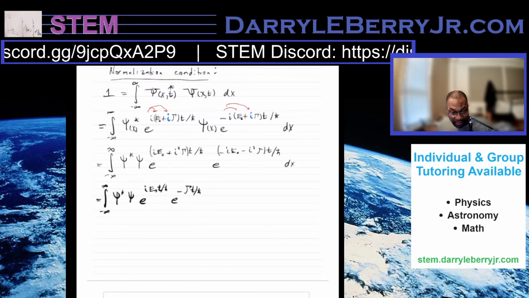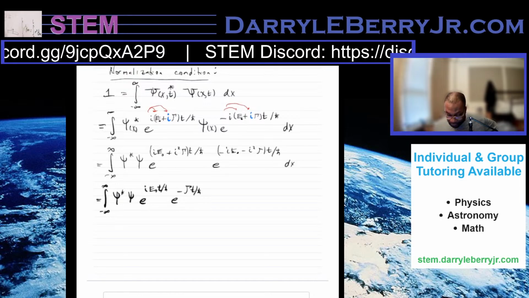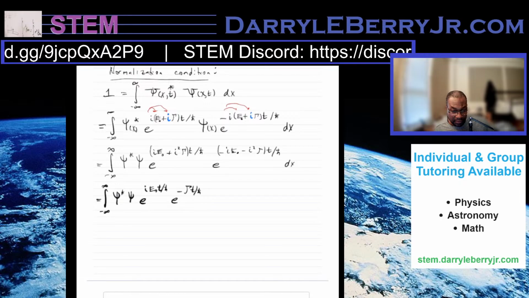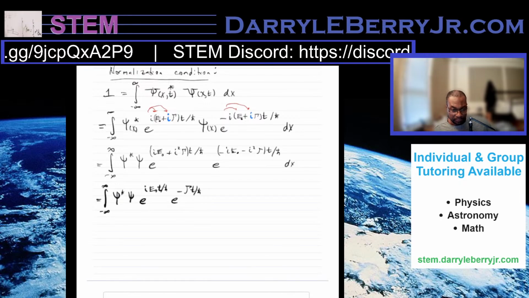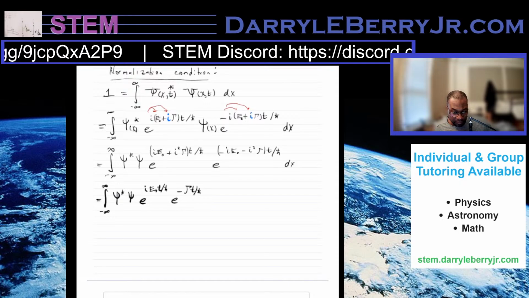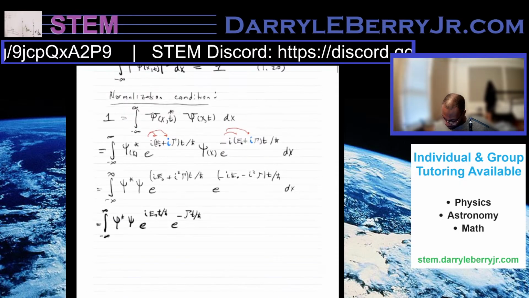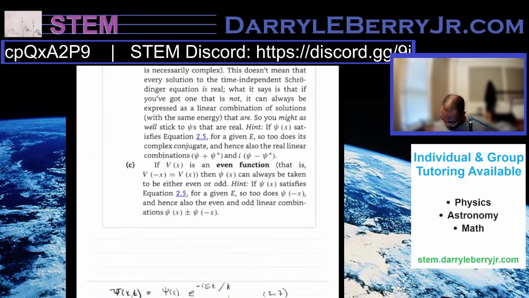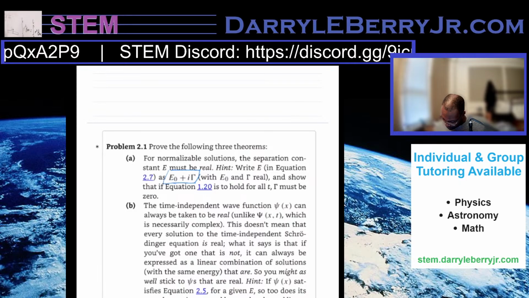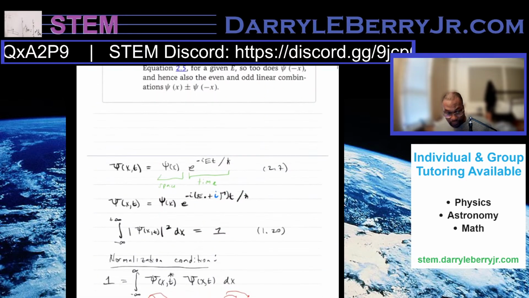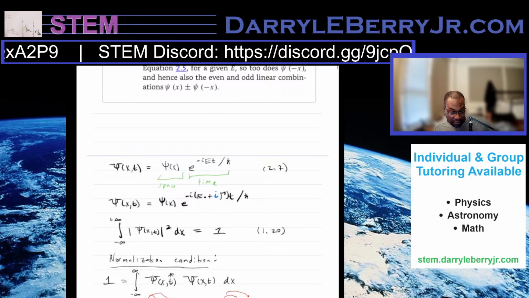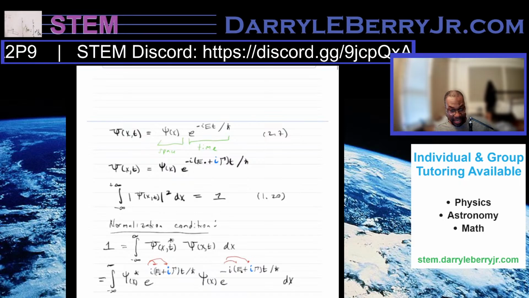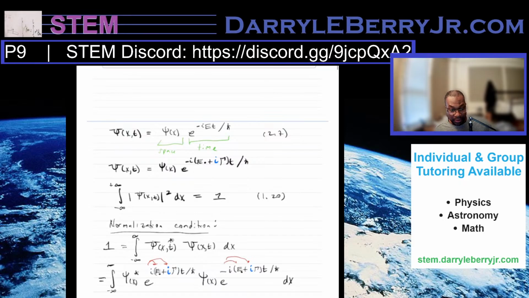That would be, are they not getting a negative still? Why are they not getting a negative? Write something incorrect on the column again. Negative i e naught plus i lambda t over h bar.